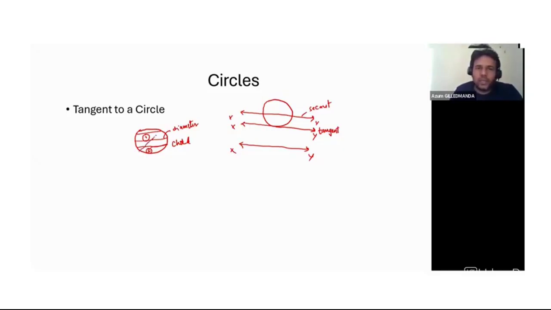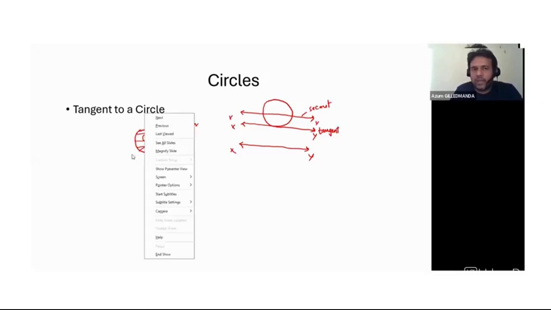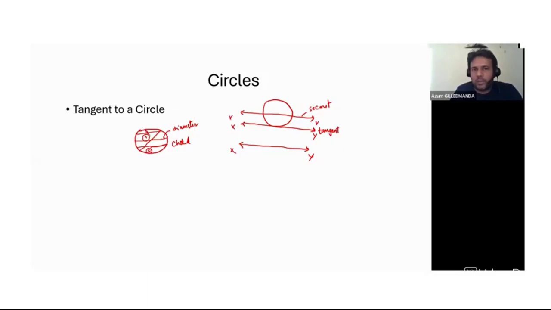It can be like this, which passes through the center of the circle, or it can also be like this. So how many diameters do we have in a circle? There are many, infinite, right? From the center of the circle, we can draw any number of lines, and every line that passes through the center is a diameter. That is the biggest chord.